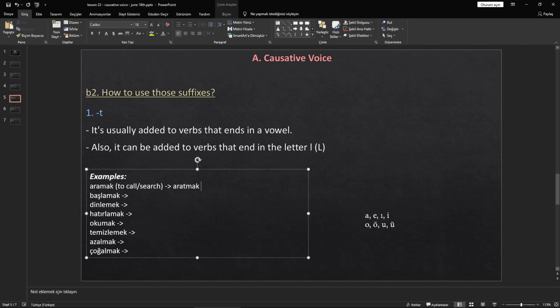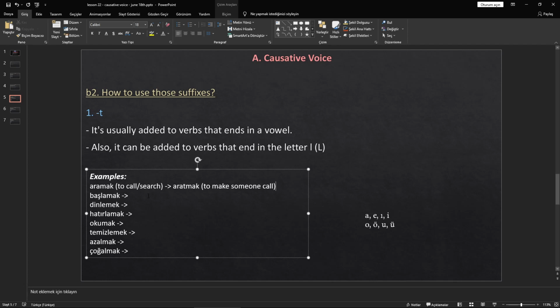Aratmak. And this time you make someone call. Mesela, I made my son call his dad. So you told your son to call his dad. So arattım oğluma. Babasını arattım.